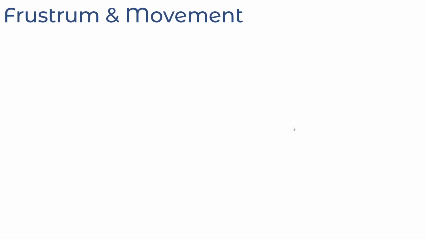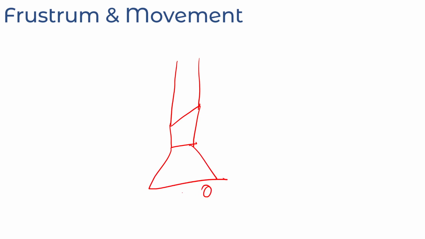So eventually you end up with an ankle joint which has a slightly offset hinge. If you were to draw the ankle joint, you would draw it like that. So that's your big toe and that's your lesser toes, and you have a little hinge like that.